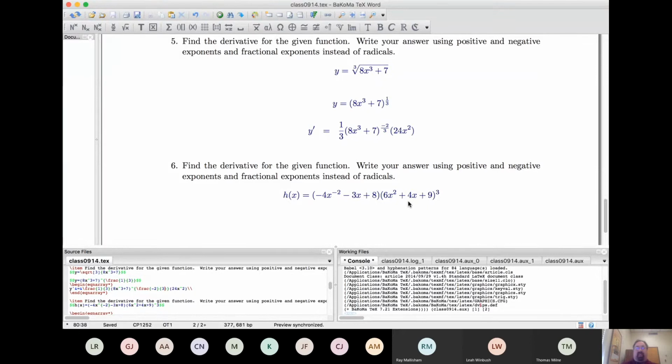Okay. This next one is definitely leveling up in terms of problem difficulty, because you can see here that you have a function raised to a power, and you could apply the same general power rule to this, but that's not the entire function. You have this whole thing to take the derivative of.